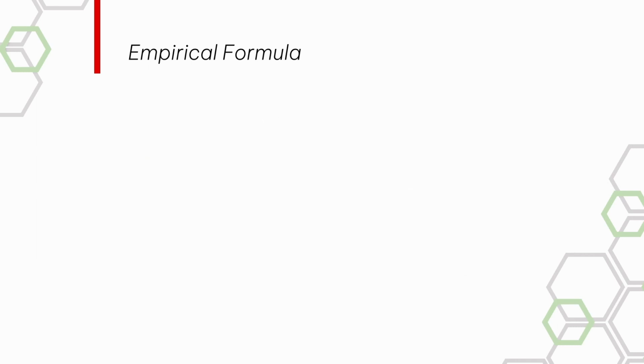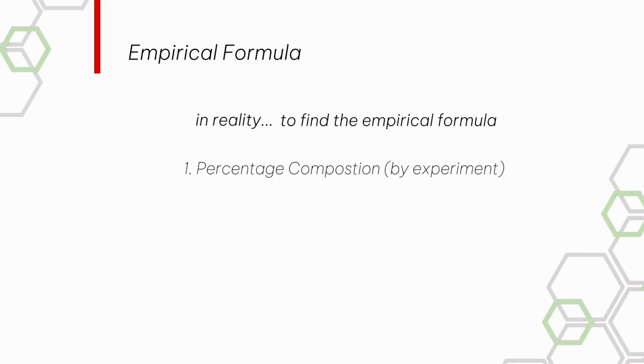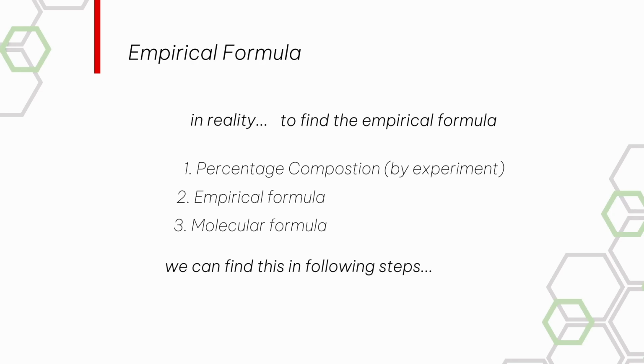This has become a very simple thing. But in real life, to get the empirical formula of a compound, first we have to find the percentage composition of that compound. Then we find its empirical formula. And then we find its molecular formula. So the step-by-step process to find it is like this.